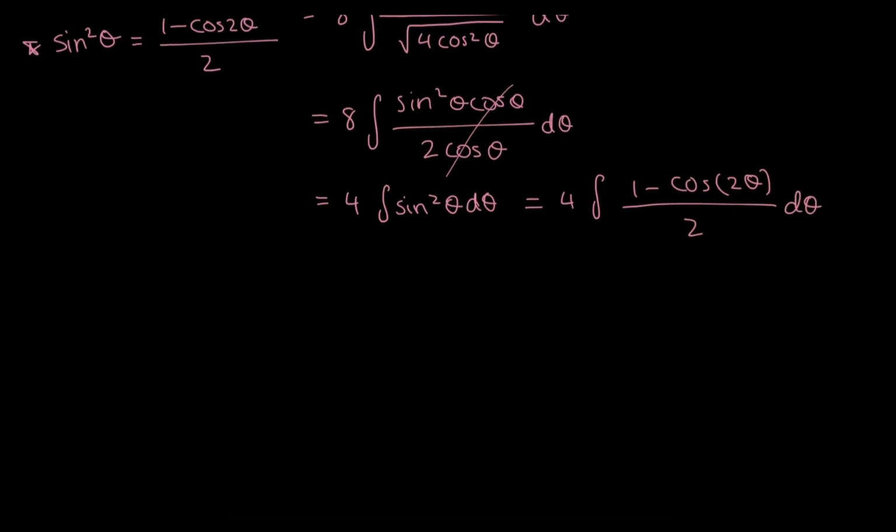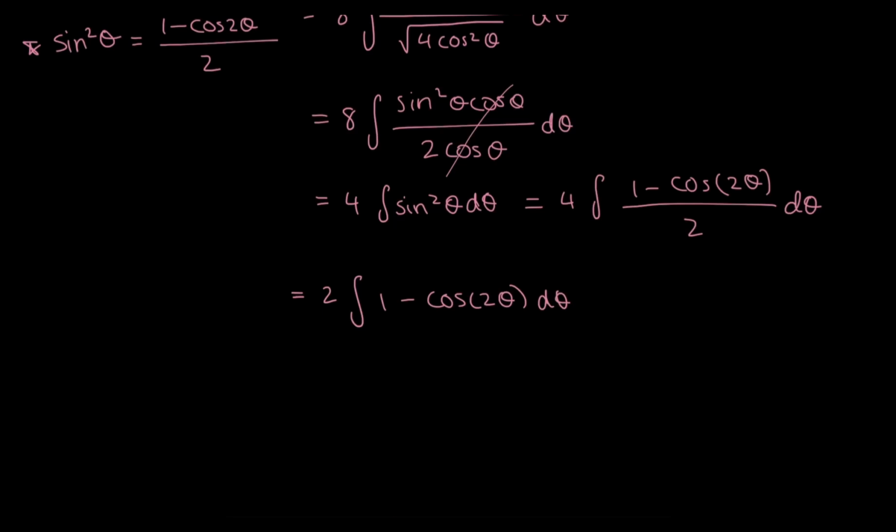So with that, I could even take out some more constants. This is all divided by 2, so I could pull that out. And now I have 2, that 1/2 reduces that 4 to 2, the integral of 1 minus cosine 2 theta d theta.